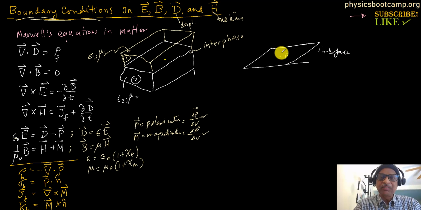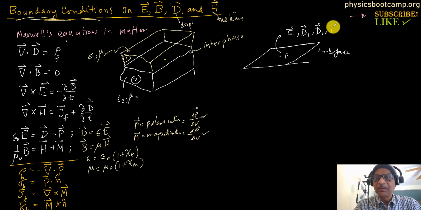Directly above this, suppose you have E1, B1, D1, H1. Suppose you know that, and directly below that is E2, B2, D2, and H2.